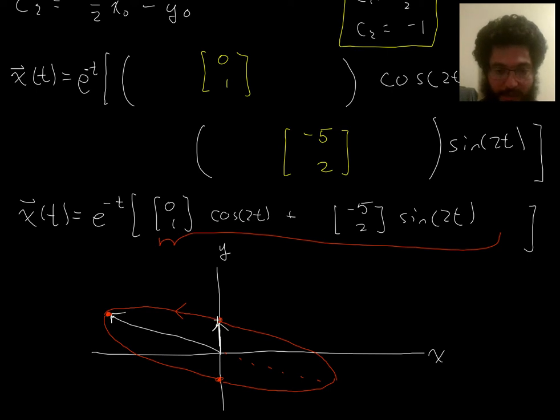So then what does that look like? Oh, let's do that in yellow. That would look like something like that. So spiraling in, and the spirals just get really small really quickly because this is exponential decay.